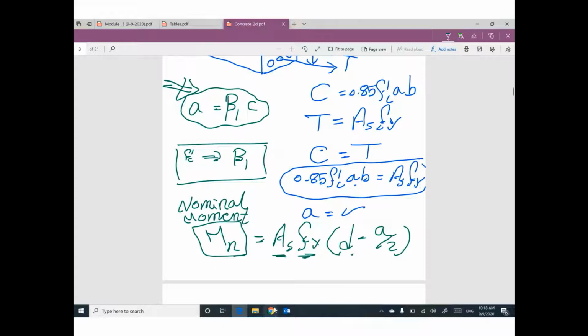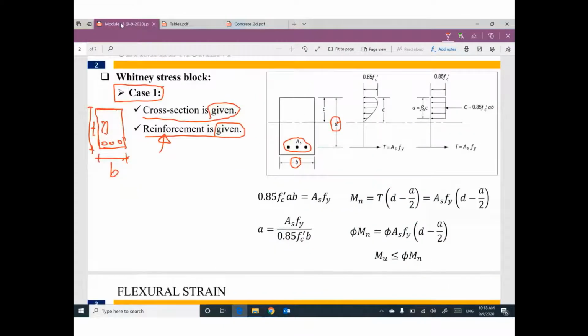All of these are summarized here. From equilibrium, I can figure out the depth a. So this moment, Mn, can be called the nominal moment or theoretical moment, equal to As fy times d minus a divided by 2.